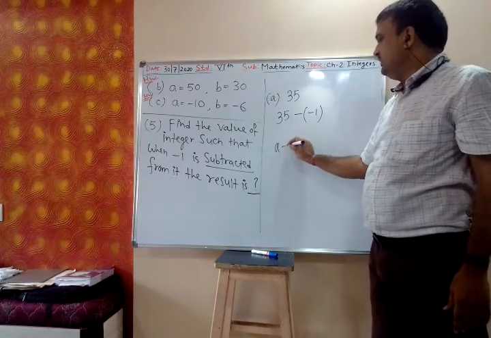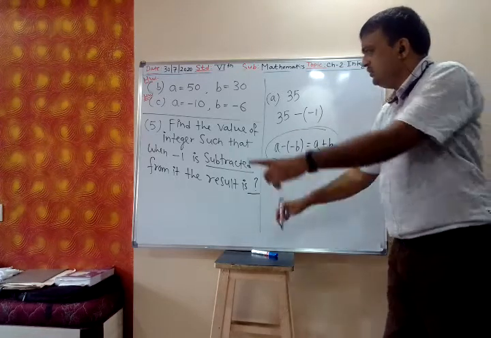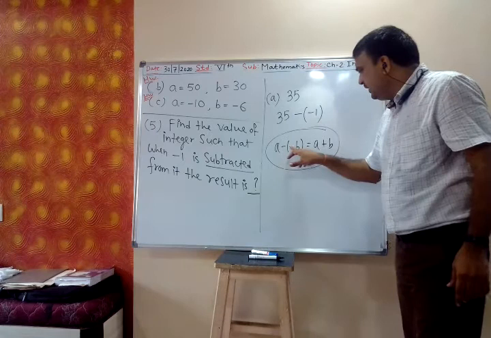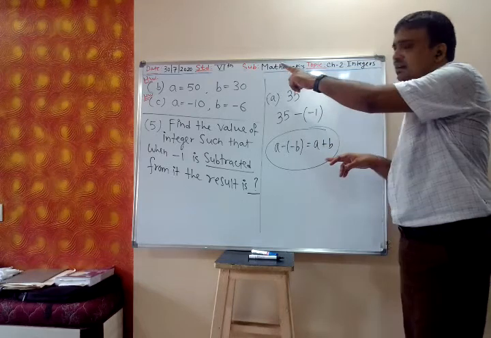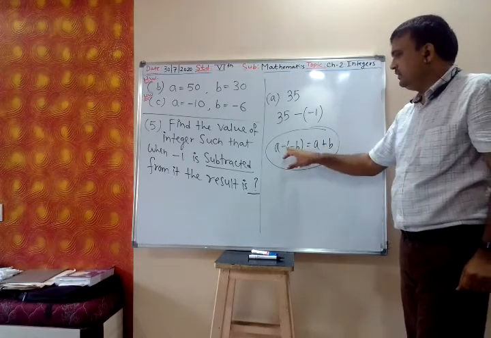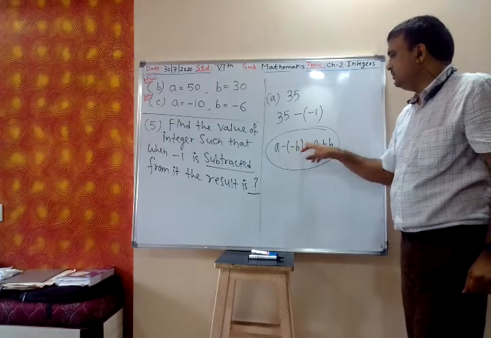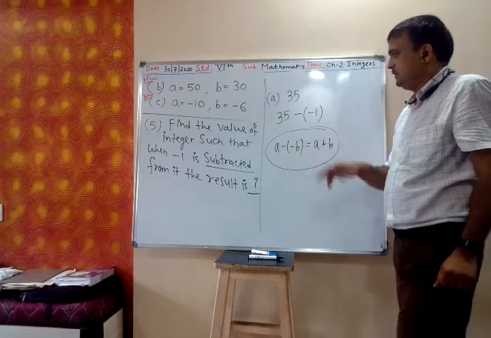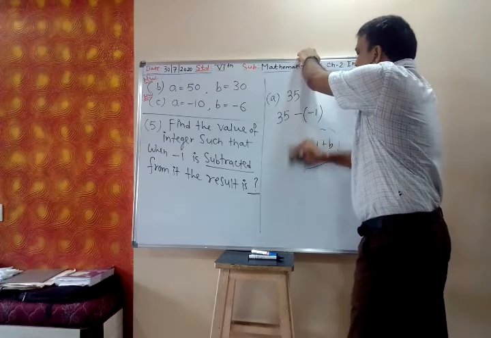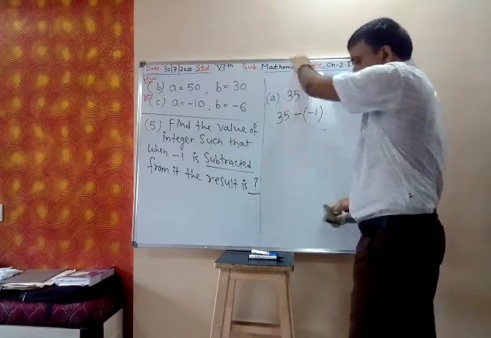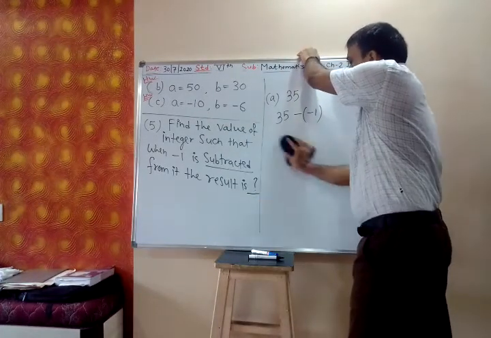Just now we have seen: A minus B is A plus B. Just now we have verified that in question number 4. A minus B, minus of minus becomes plus.